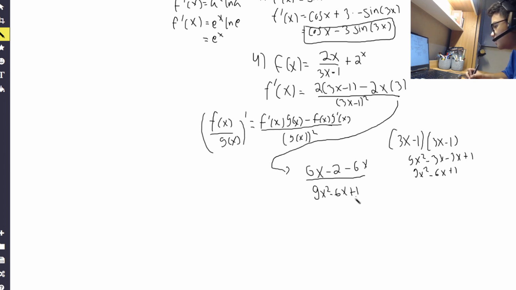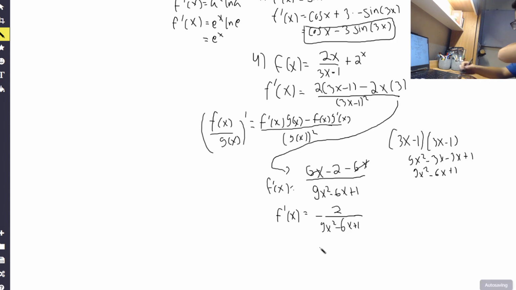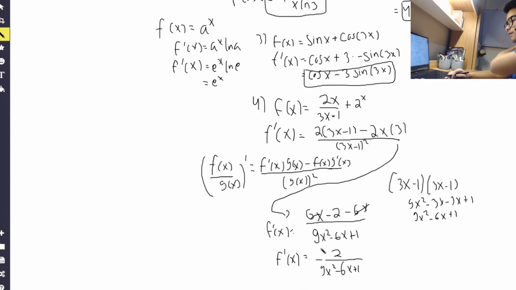So f'(x) equals, the 6x cancels, minus 2 over 9x squared minus 6x plus 1. That's for number 4.